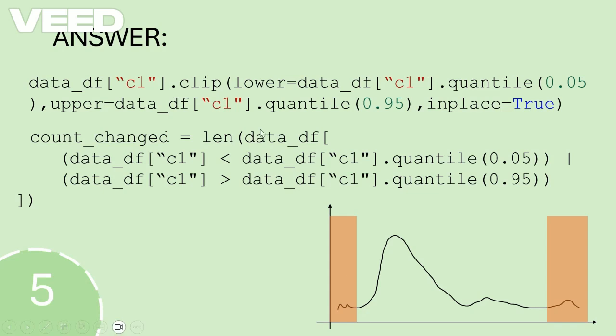To do this, I use the clip code, in which I define the lower bound by quantile 0.05 and the upper bound by quantile 0.95. In this case, I can reevaluate these data, and I can almost get rid of these long tails.